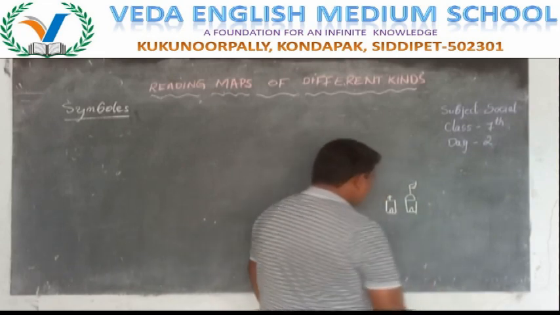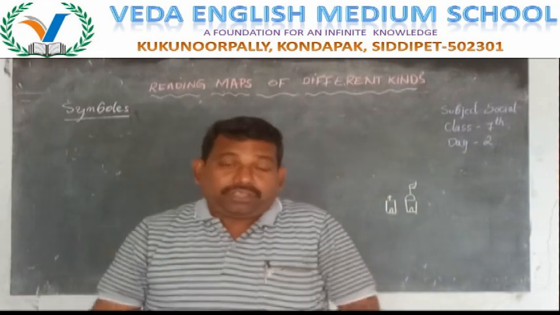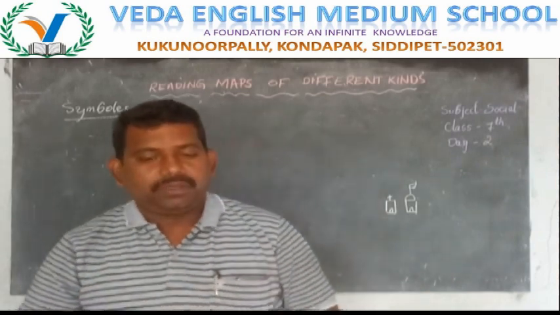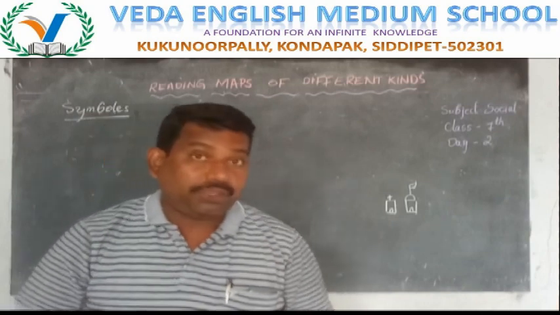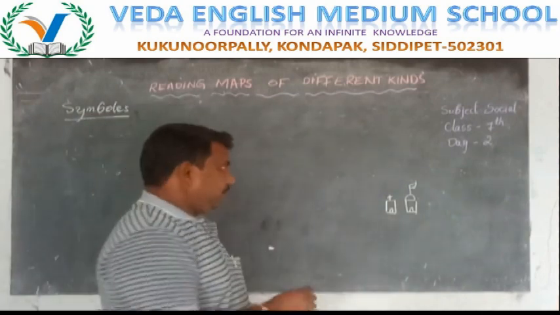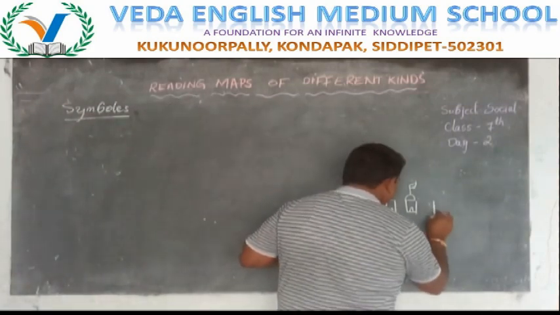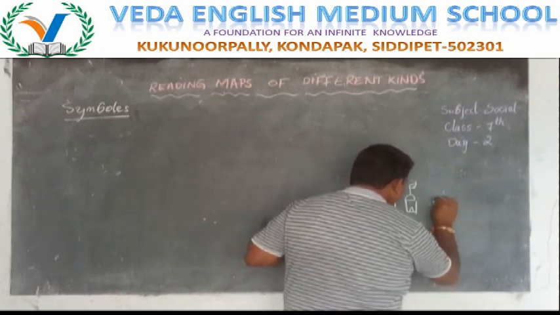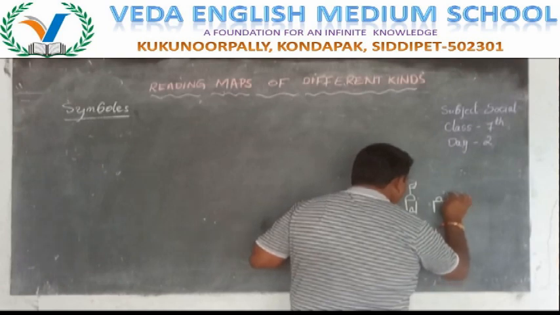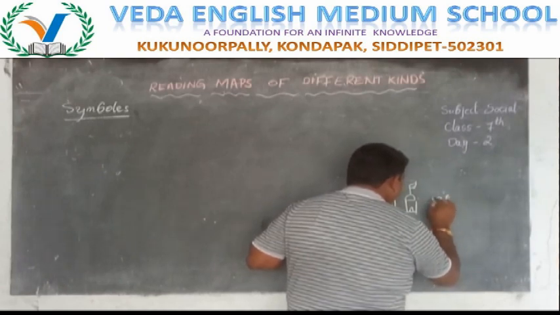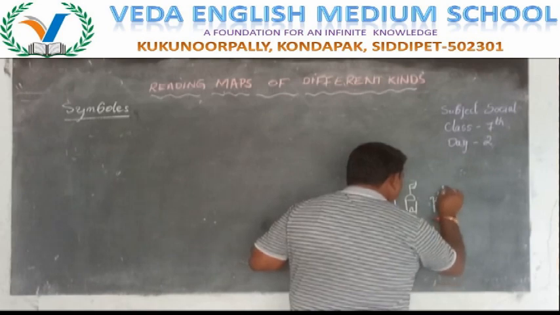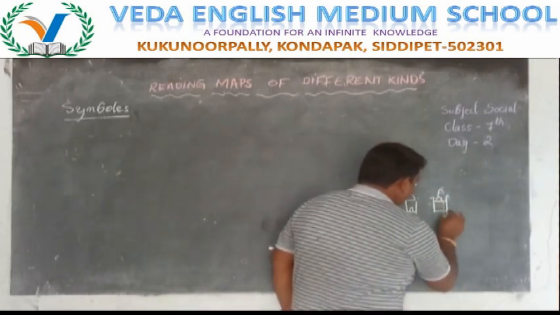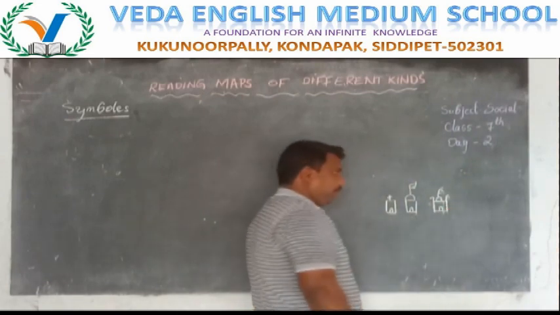Like this we use the symbol. If you want to show the mosque, means masjid, what kind of symbol do we use? We use the symbol like this in the map.